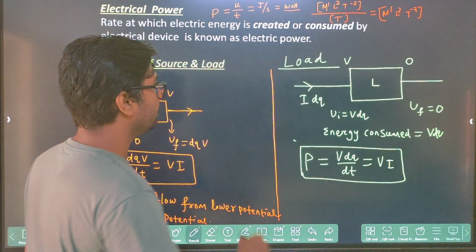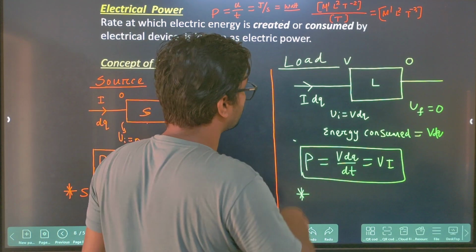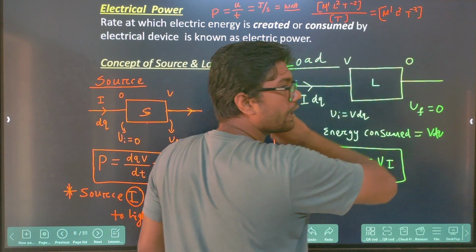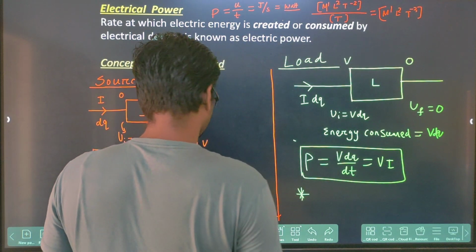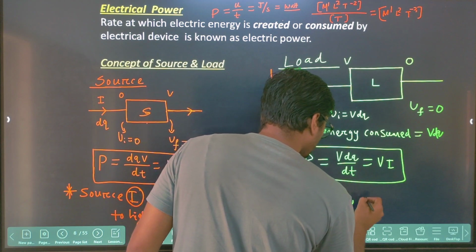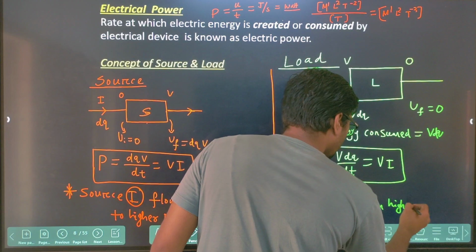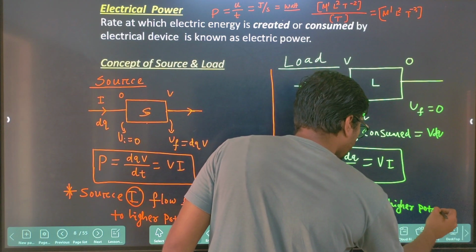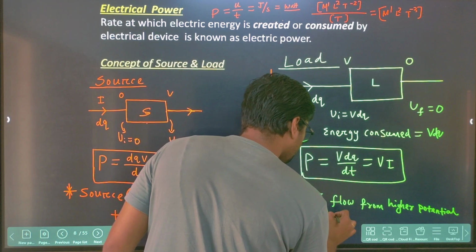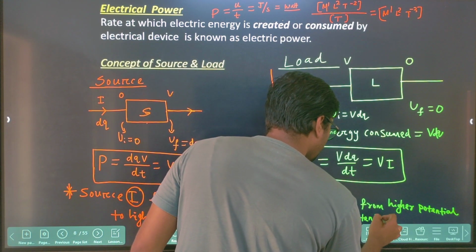Clear? And in load, one thing you observe, the current is entering at higher potential and leaving at lower potential, right? So I can say that current flows from higher potential to lower potential, right?